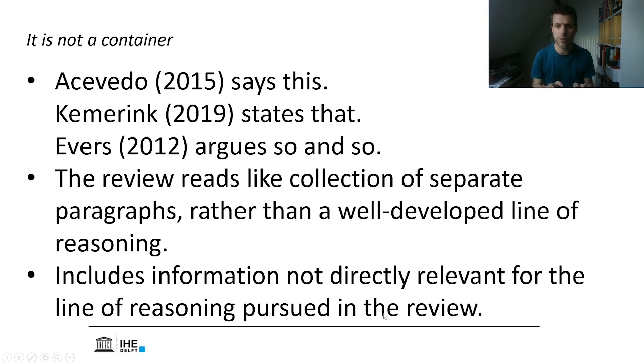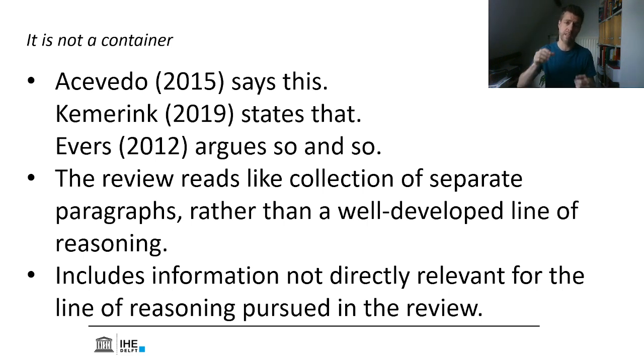Oftentimes you see in literature reviews that people use basically one reference, one author, per paragraph. So in paragraph 1, it's about Acevedo says this. Then in paragraph 2, Kamerink 2019 says that. And then Evers 2012 argues this and so.